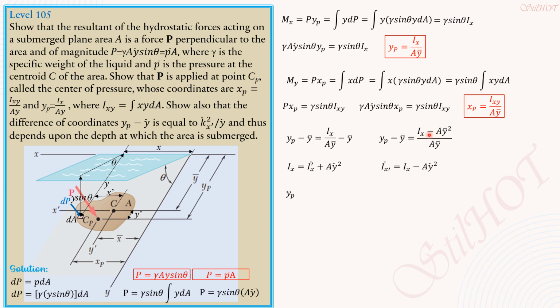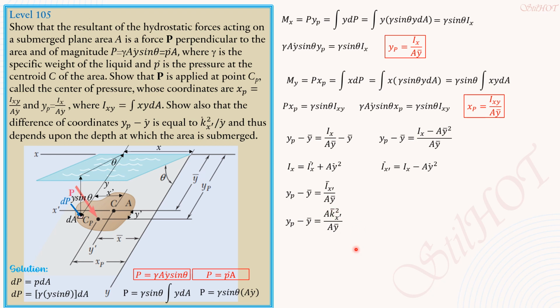So replacing this by I barred x prime, yp minus barred y equals I barred x prime over area barred y. But I barred x prime is k barred x prime square times area. So yp minus barred y equals area k barred x prime square over area barred y, cancel out area.